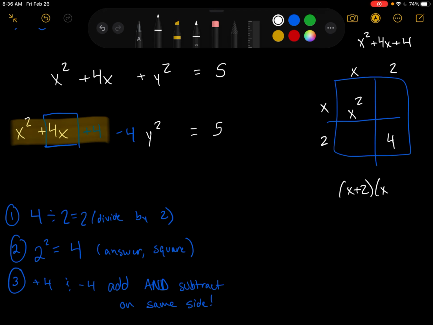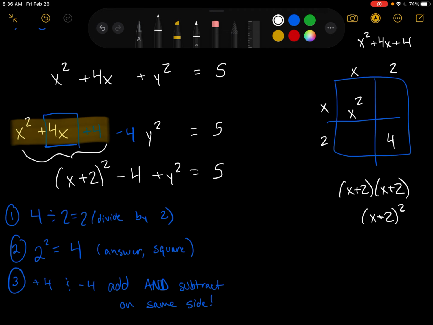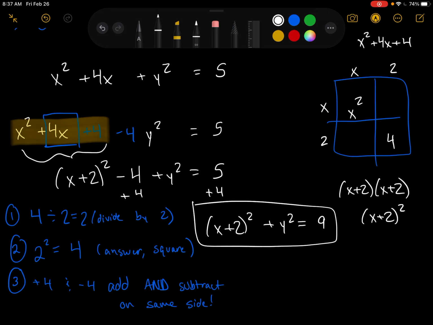And it actually turns into x plus 2 times x plus 2, or x plus 2 squared. So if we do that, all of this becomes x plus 2 squared. We still have our minus 4, we still have our y squared, and we still have 5. Well, in this case, we can just move this 4 over, and our final equation is x plus 2 squared plus y squared equals 9.